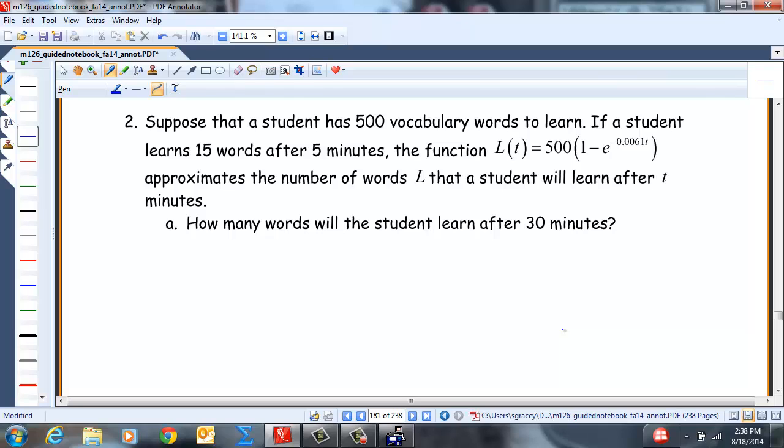So how many words will the student learn after 30 minutes? So L at 30 equals 500 times quantity 1 minus e to the negative 0.0061 times 30.